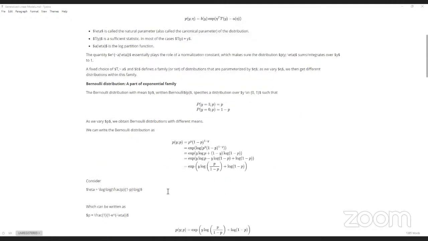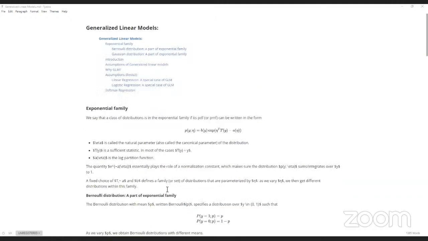Could you just make the screen a little bigger? It's a little small. Sorry? Can you make the screen a little bigger? The words are too small for us. Okay, let me try.